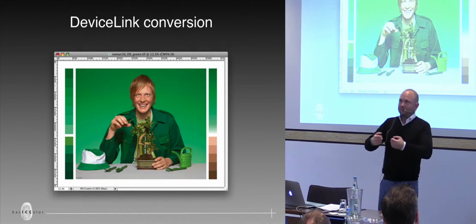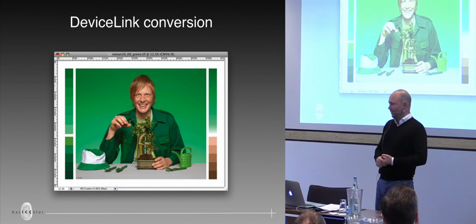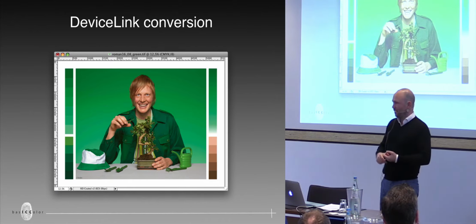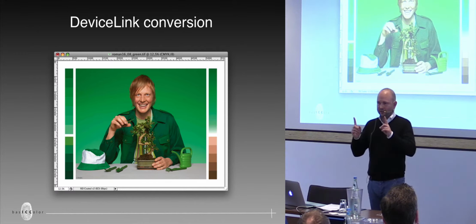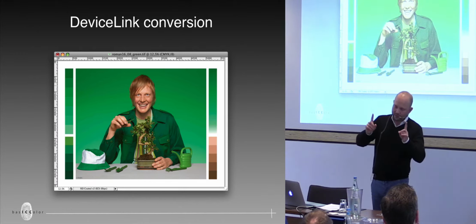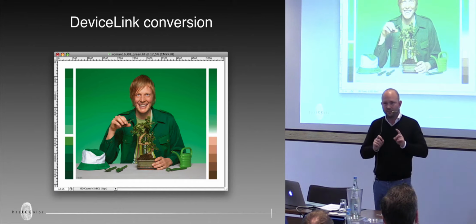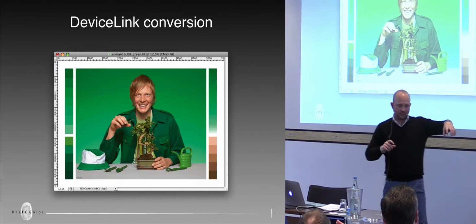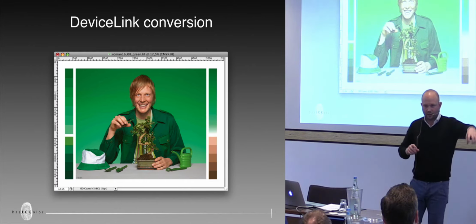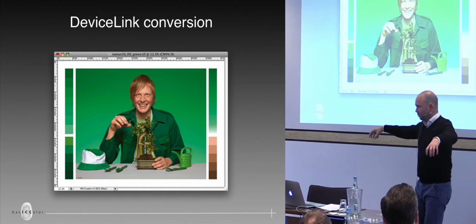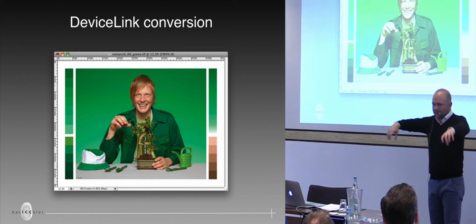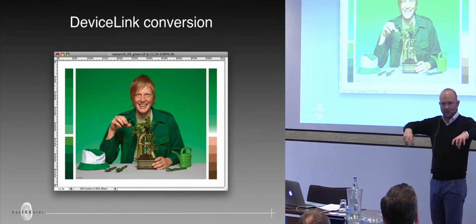And now we have the perfect, cool DeviceLink technology. Why is it so cool? One advantage of ICC profiles is that I have an ICC profile format: scanner, digital camera, newspaper, offset print, digital print, and so on. And I can mix everything together on the fly.